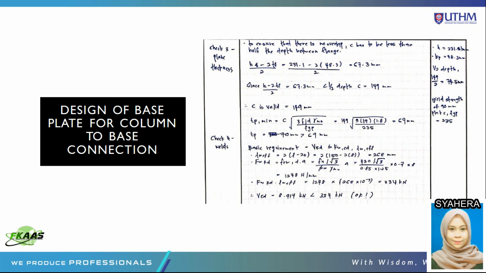So the value of C is valid for 149 millimeter. For TP minimum, we use the value of C and got 70 millimeter, which is more than 69 millimeter. The value of FWRD gamma M effective is 334 kilonewton, and the value of VED is 8.914 kilonewton, which is less than 334 kilonewton, and it is accepted.